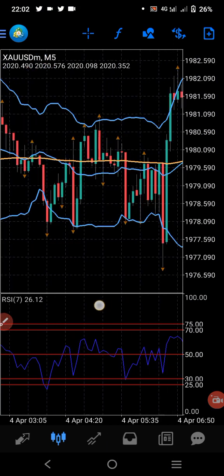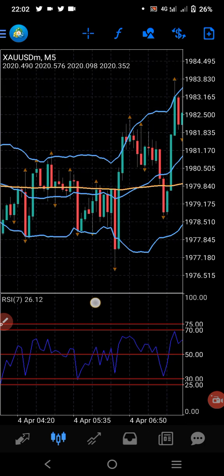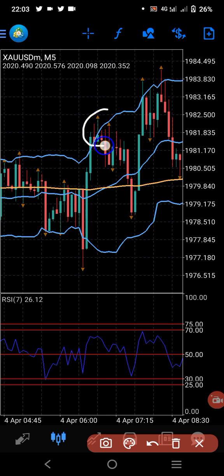So that is two entries I have talked about just now. Now I want to talk about another entry at the sell level. At this point, we can see that the candlestick breaks the Bollinger Band at the upper level, and it closes inside the Bollinger Band.